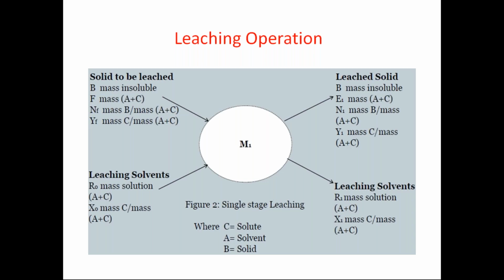Equilibrium operation means you should see that equilibrium is attained. You should give enough time to reach equilibrium between the feed phase and the separating agent phase. That's why the mass transfer coefficients are not considered in many of the cases.